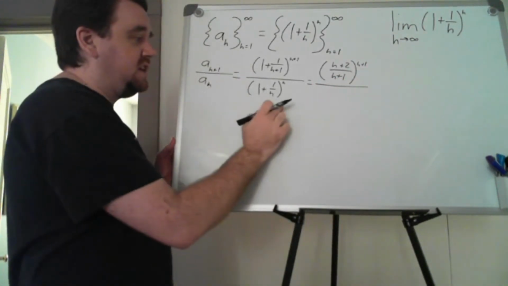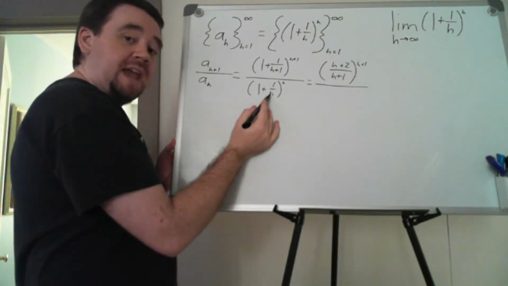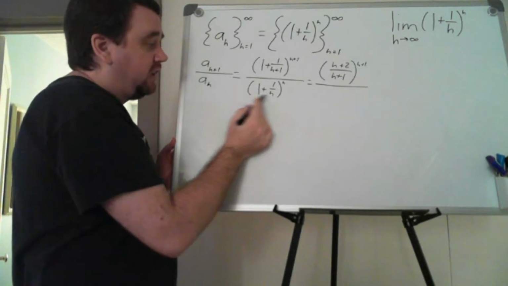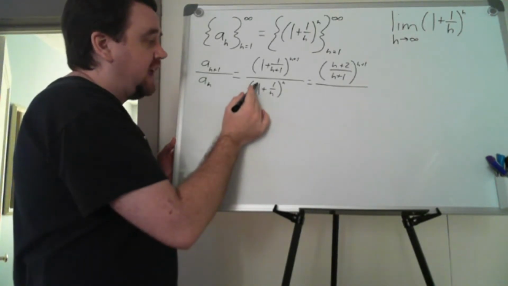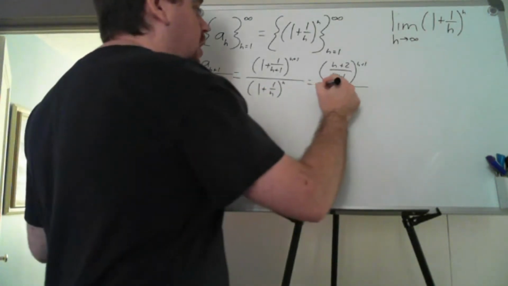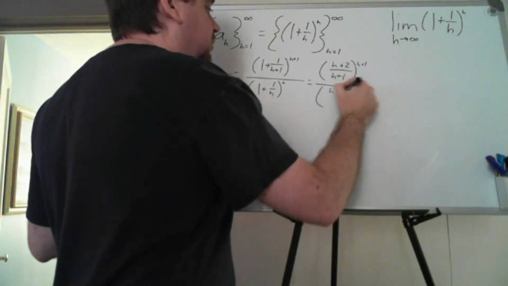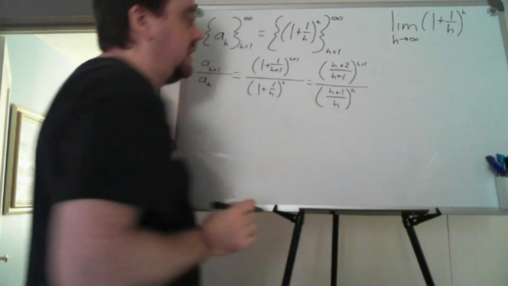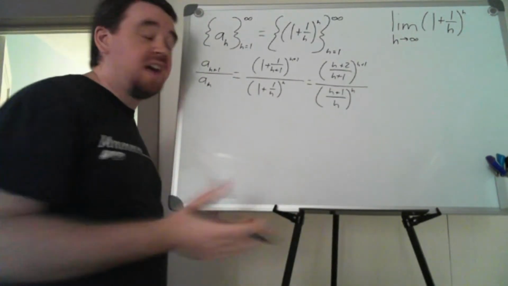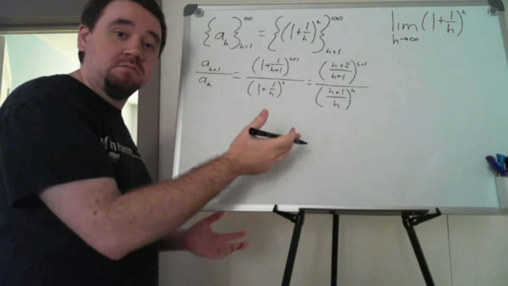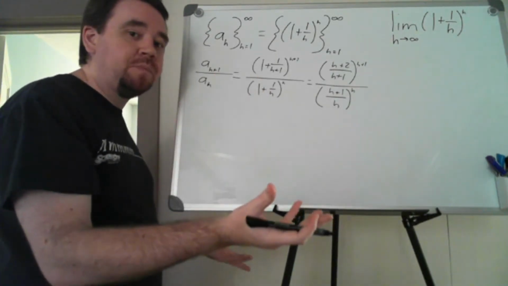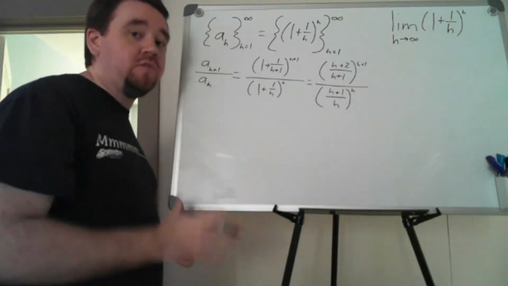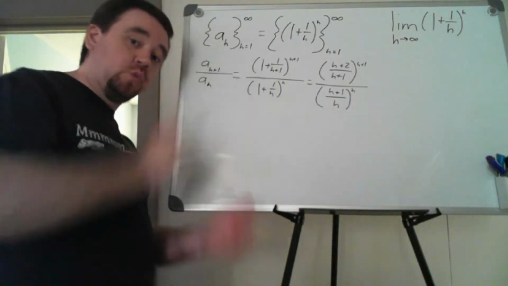Do the same thing here. Here my common denominator is going to be h, so I think about multiplying this by h over h, so that leaves me the common denominator of h, so I have h plus 1 in my numerator over h, all to the power of h. And now I've got a fraction divided by a fraction. Yuck, nobody likes that. So I'd rather take this fraction and move it into the numerator. To do that, we can think about doing its reciprocal.